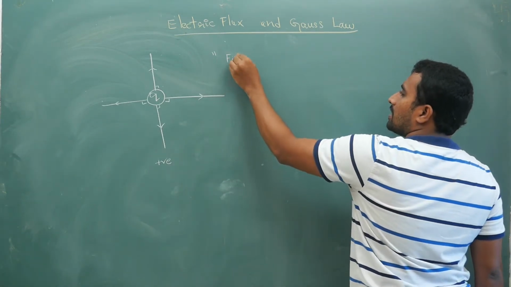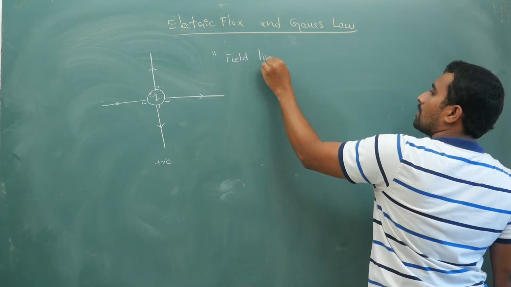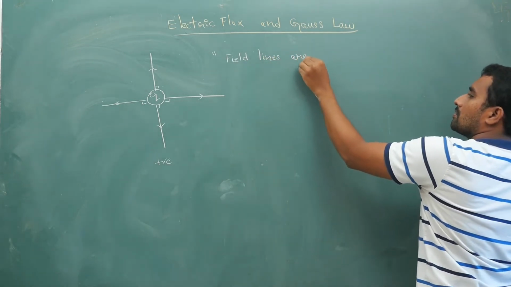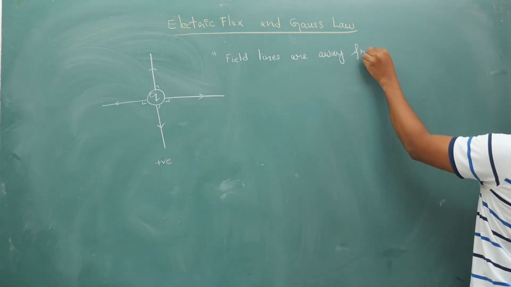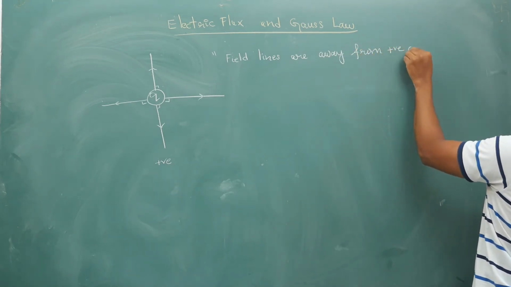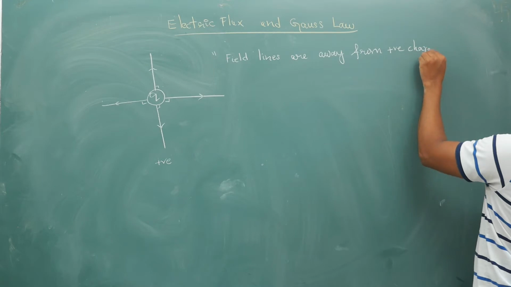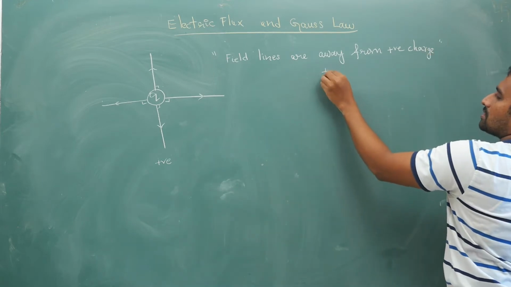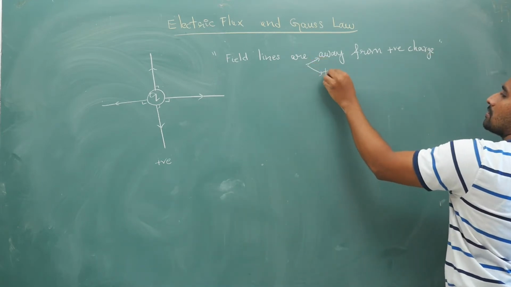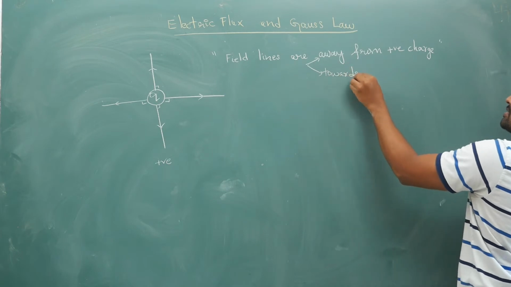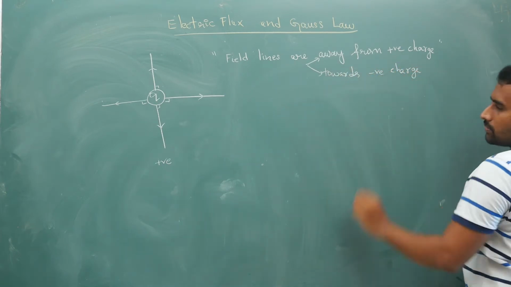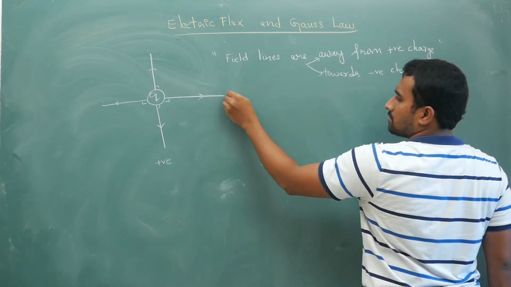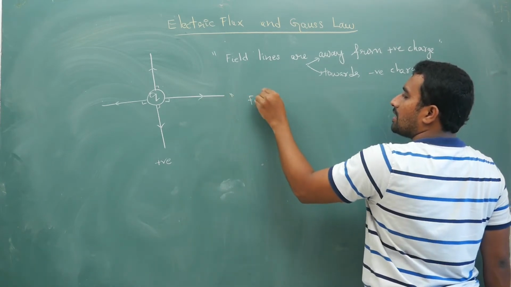Your field lines are away from positive charge and they will be towards negative charge.